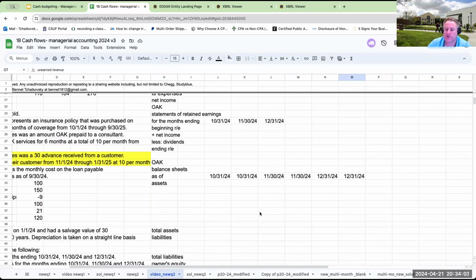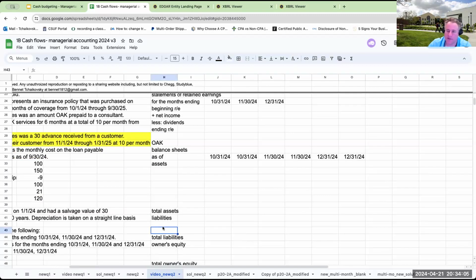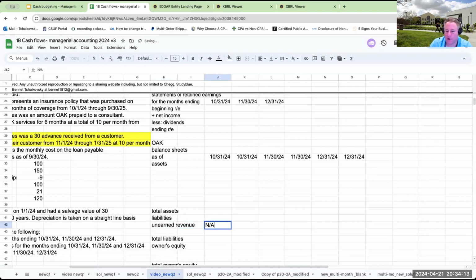So what I'm going to do right now, because this is fresh in our minds, is unearned revenue. For October, not applicable, because the cash came in November.